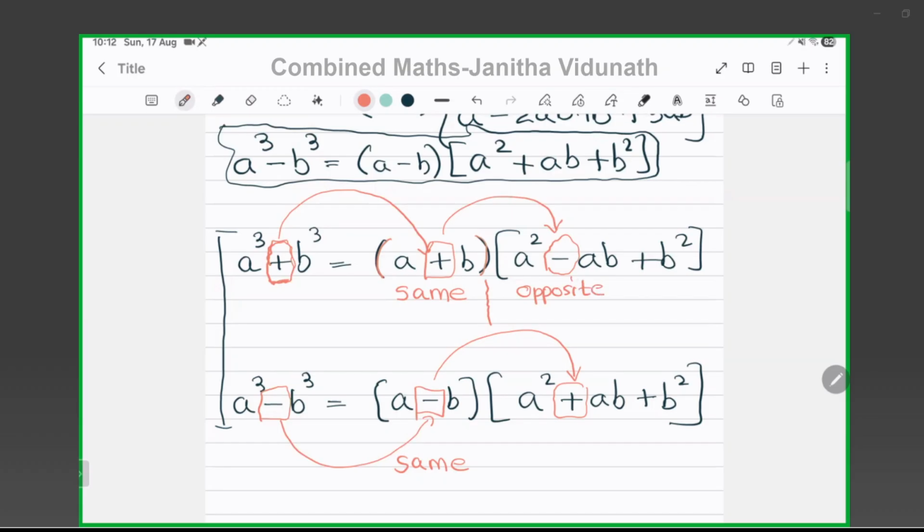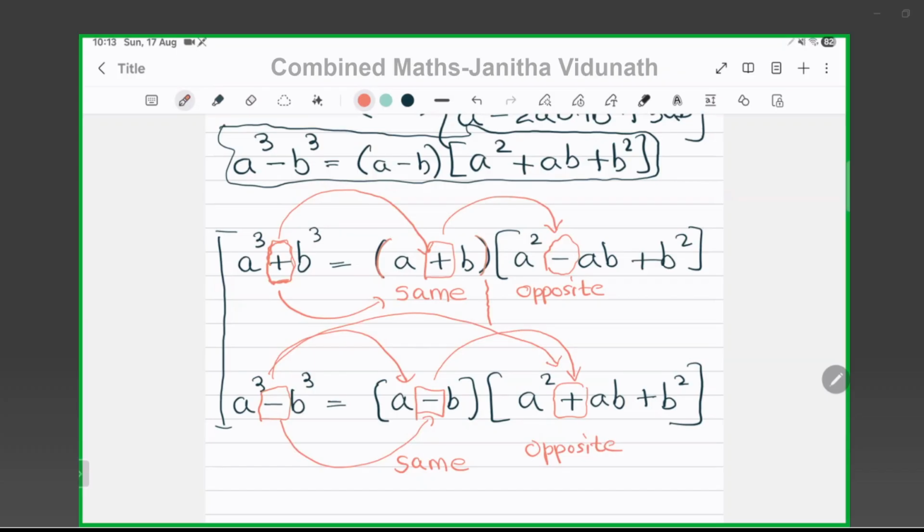The first sign is same as the question given, and the second sign is opposite of that sign. Here also the first sign of the second bracket is opposite. Let me repeat. The first sign is same as the question given, and the second sign is opposite of the given question.